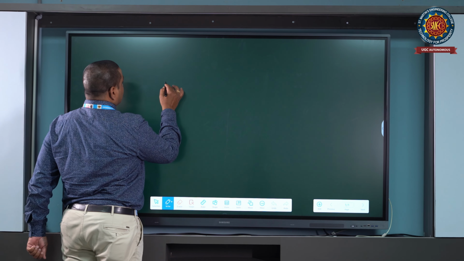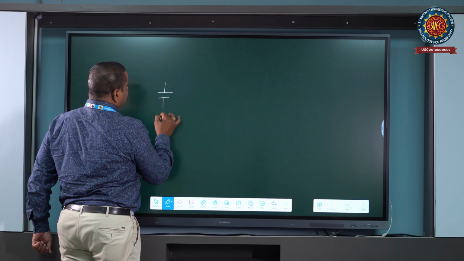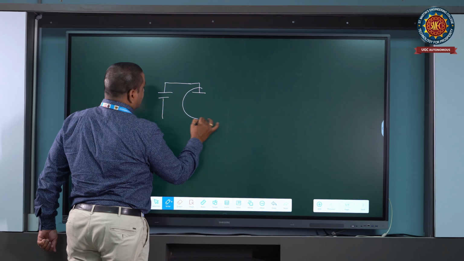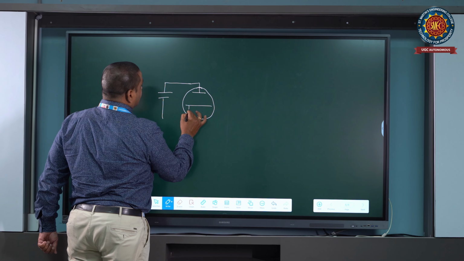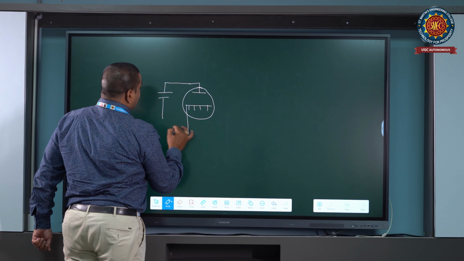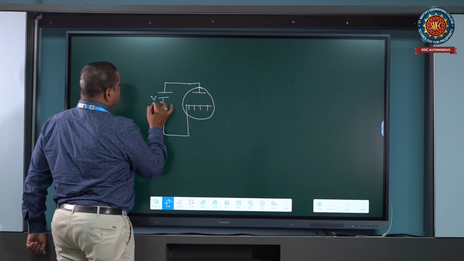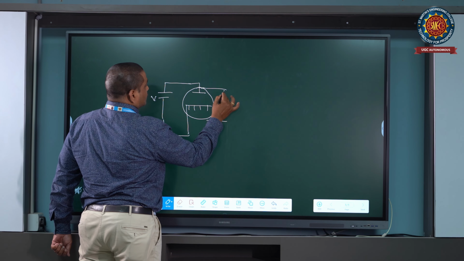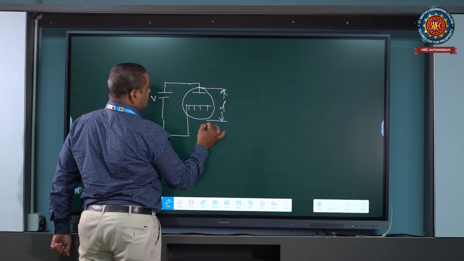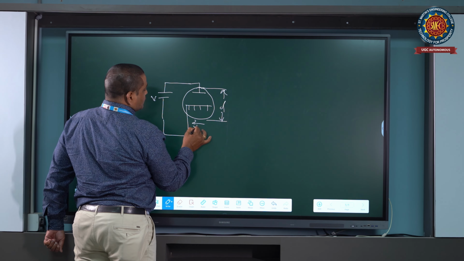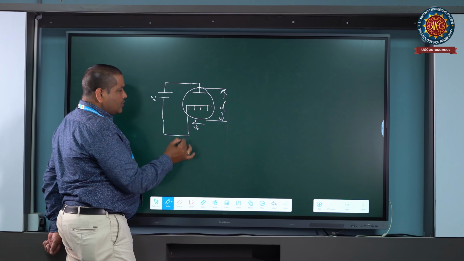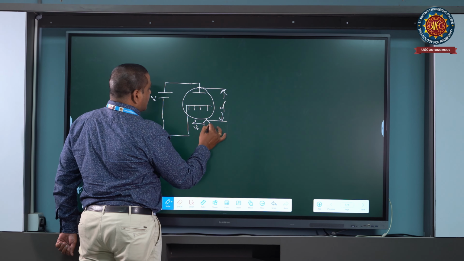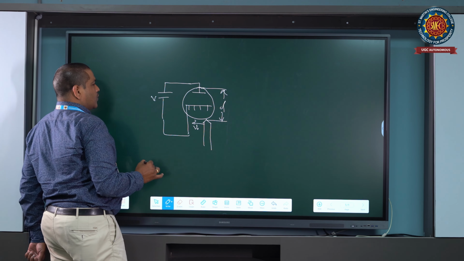If a voltage is applied between the cathode and the anode plates, and d is the distance between the cathode and the anode, and v naught is the velocity of the electrons moving from cathode to anode, and a permanent magnet is placed like this, what happens here?